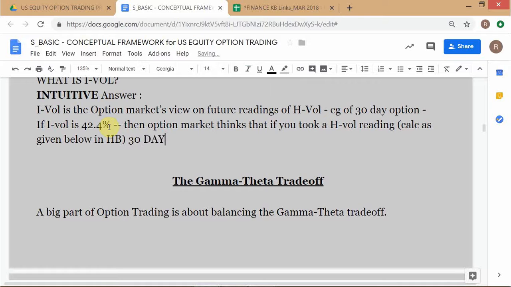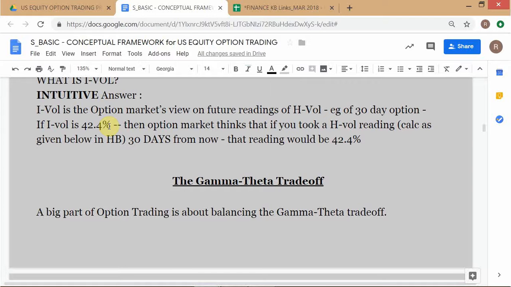If you took an HVol reading 30 days from now, that reading would be 42.4%. And what is the meaning of HVol, that we have already given down below in the notes: it is the one standard deviation price change based on historical data.